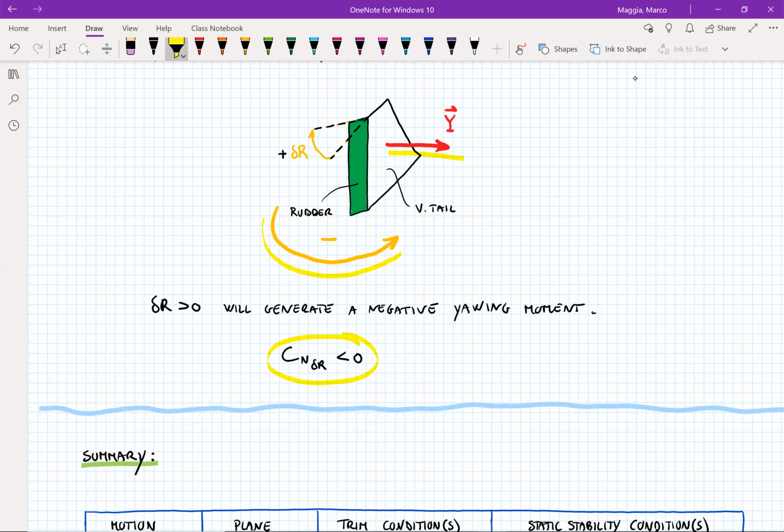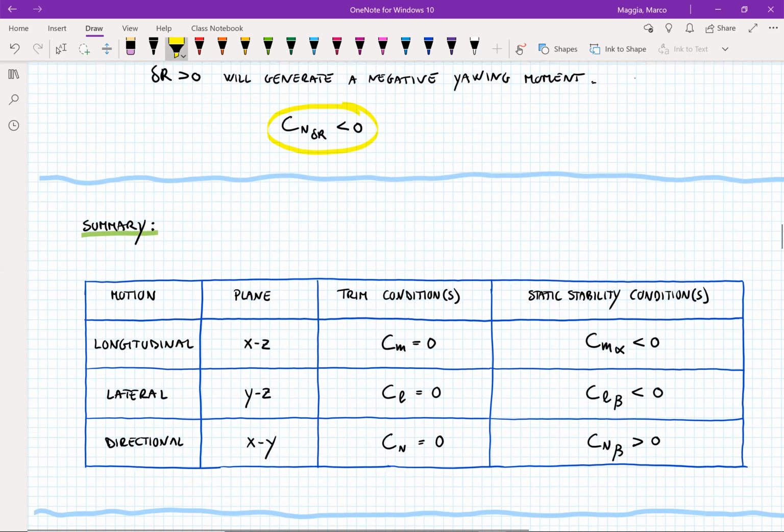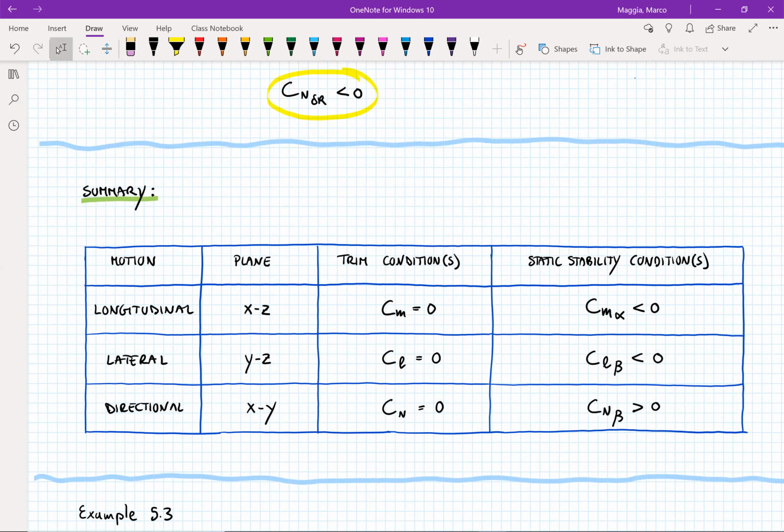Okay, so this concludes the description of all the coefficients. So now we know what they all mean. And here I created a little table with the summary of what we've seen so far in terms of the motion, the plane on which the motion takes place, then the trim condition for the particular motion, and the static stability condition.